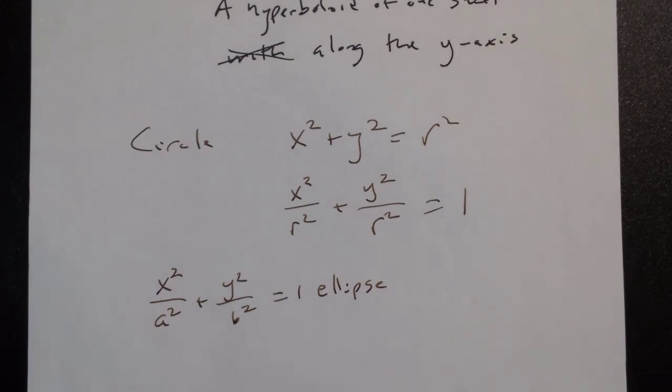I'm going to go back to last class, to Calc 2, and think about parametric equations again. What's my easiest parametric equation for the unit circle? Cosine of t and sine of t, right?